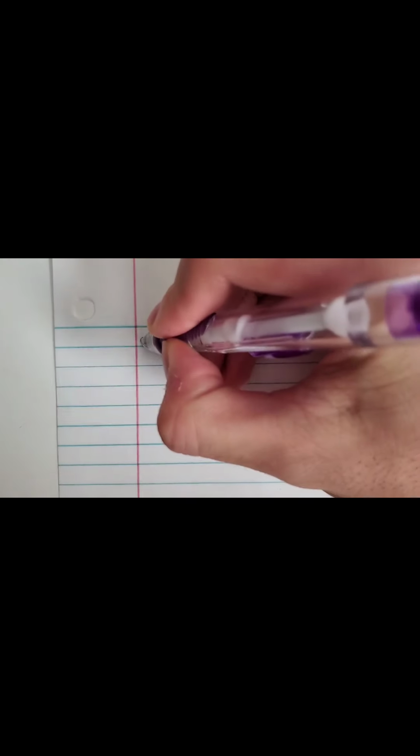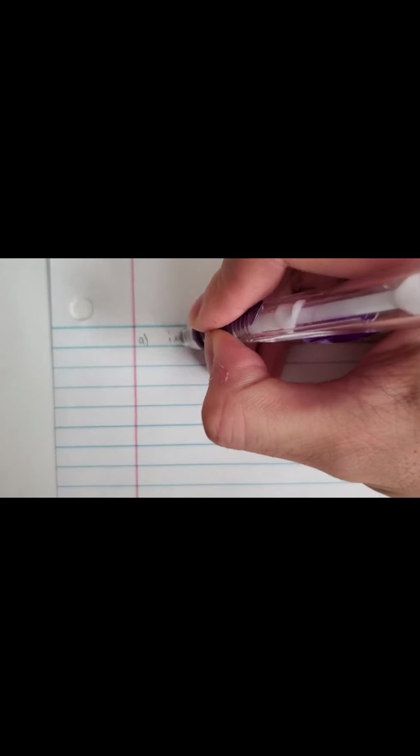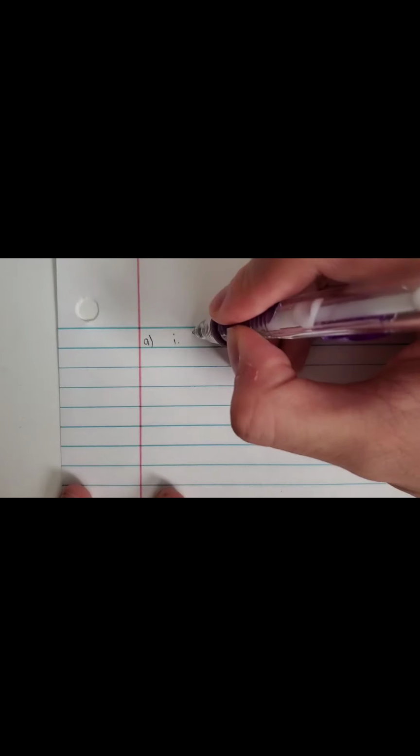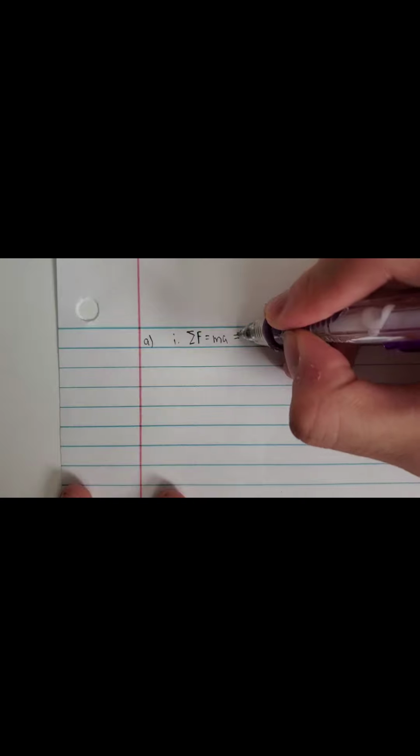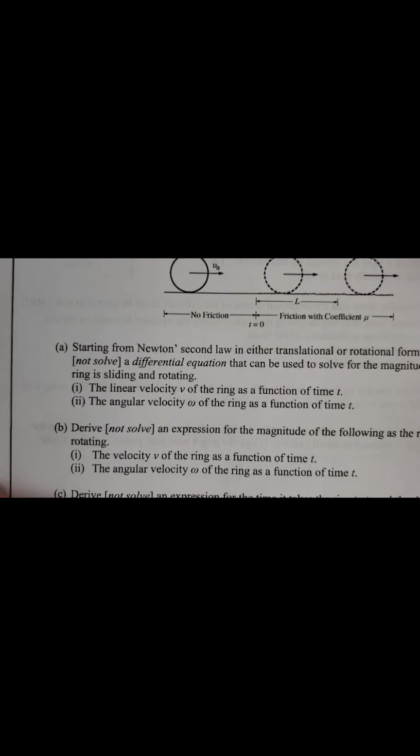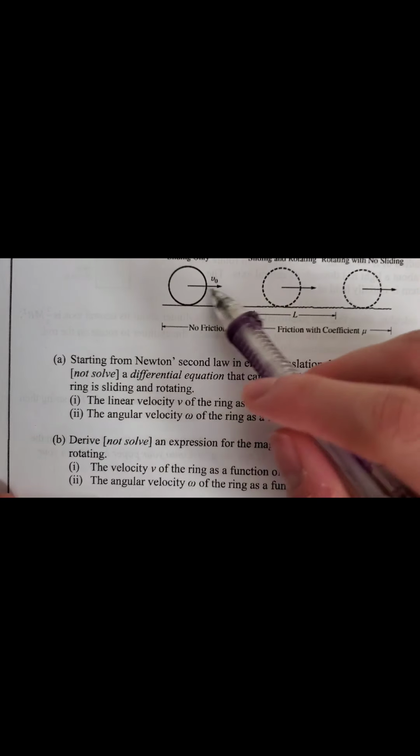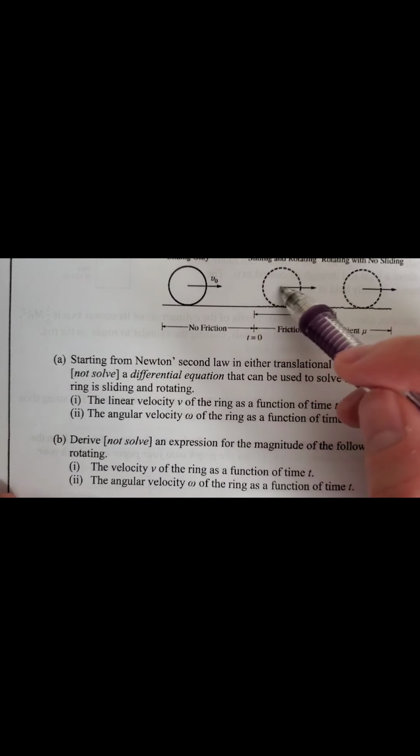Okay, so to do this part of part A, I'm going to use the translational form of Newton's second law, which is total force is equal to mass times acceleration. In our case, the total force acting on this ring when it reaches this point is Fk.